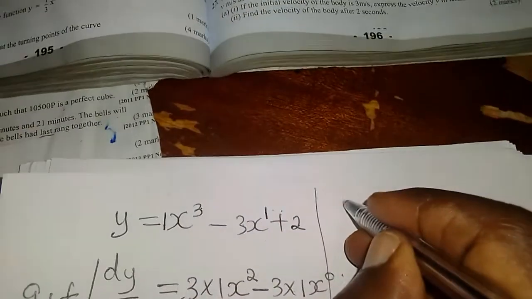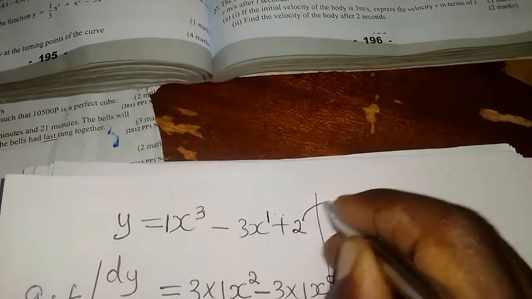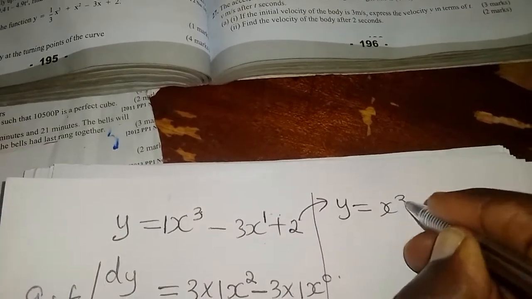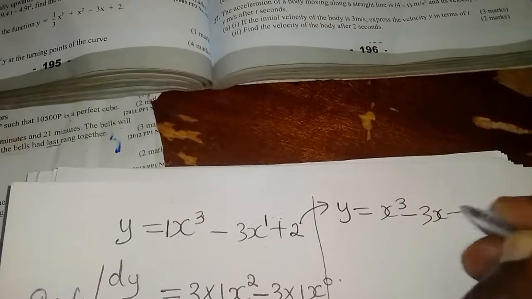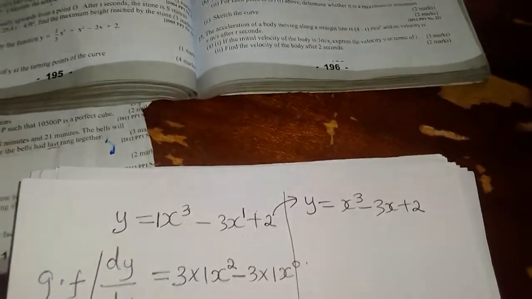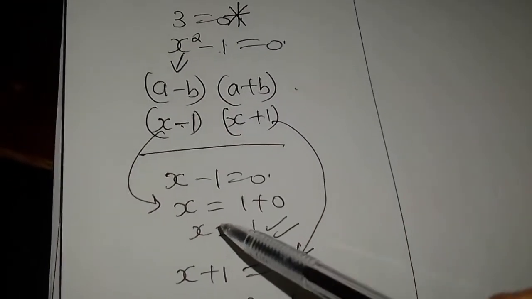Okay, so how do I get the corresponding values of y? I write the equation y equals x cubed minus 3x plus 2 and just substitute.